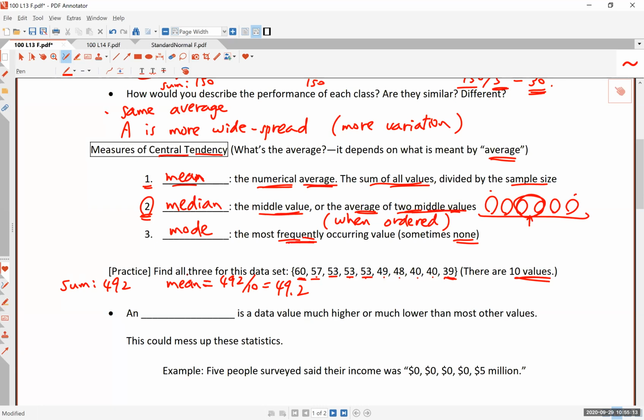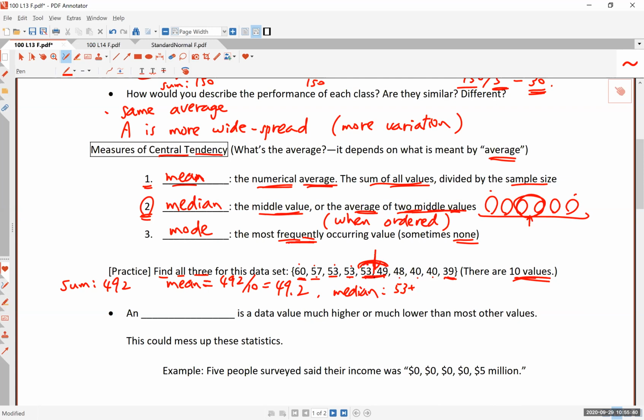Okay, remember you're supposed to find all 3 of these. So the first one is the mean. All right, what is the median? Now notice here we have 10, that's an even number of values. All right, so you have 1, 2, 3, 4, 5, and 6. Between 5 and 6 right here is the middle. So there is no one middle number. So in that case, what you will do is to take the 2 middle values, the 5th and the 6th.